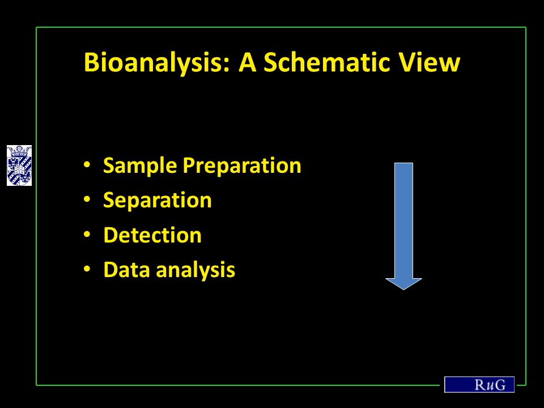Third is the detection of your molecule. This can be generic detection like light absorption, but also highly specific detection means like mass spectrometry or maybe a ligand binding assay. Finally, the data that you obtained will have to be analyzed and translated into a form so that, for example, a clinician can draw conclusions from those data.